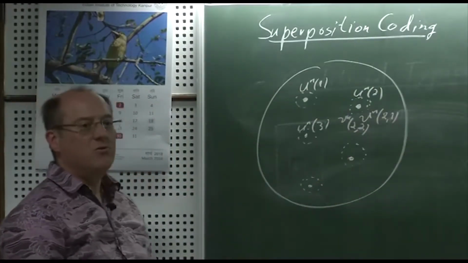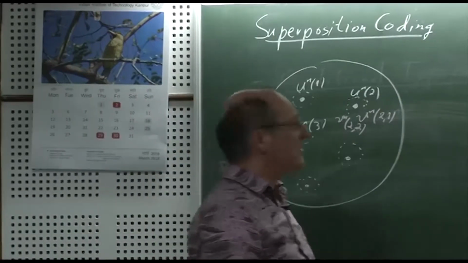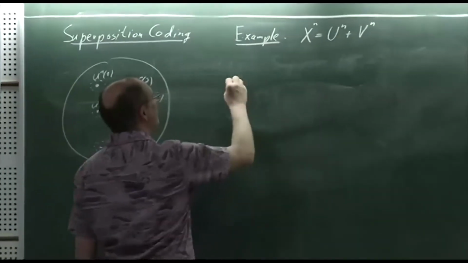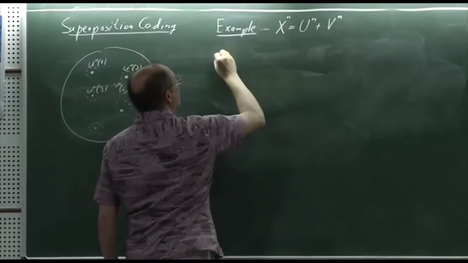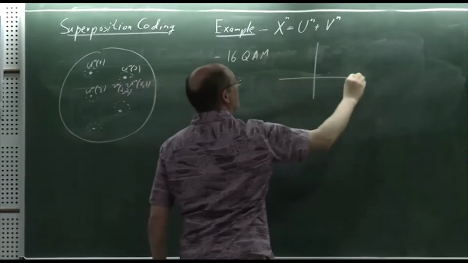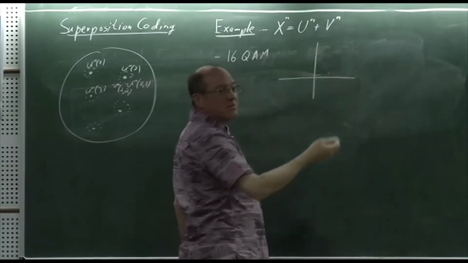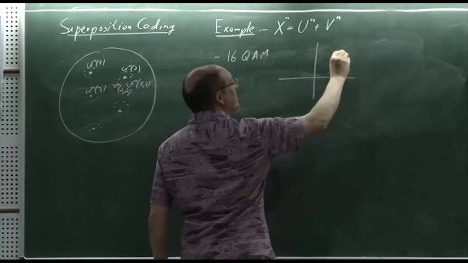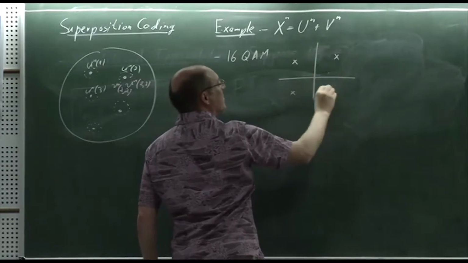And in fact, when you do modulation, like 16 QAM, you can think of this. In communications, you often send using 16 points. You can think of this as 4 points, being the 4 quadrants.